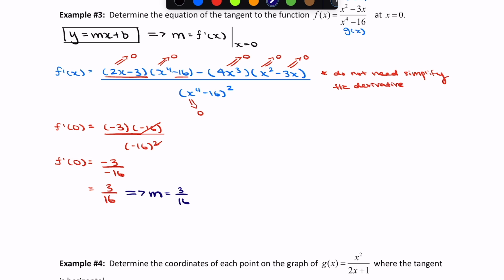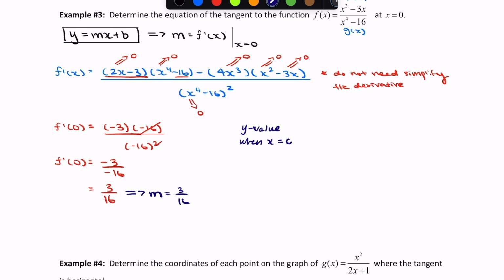So now we can sub that back in. So here we need to find the y value when x is equal to 0. We'll sub that into the original equation.